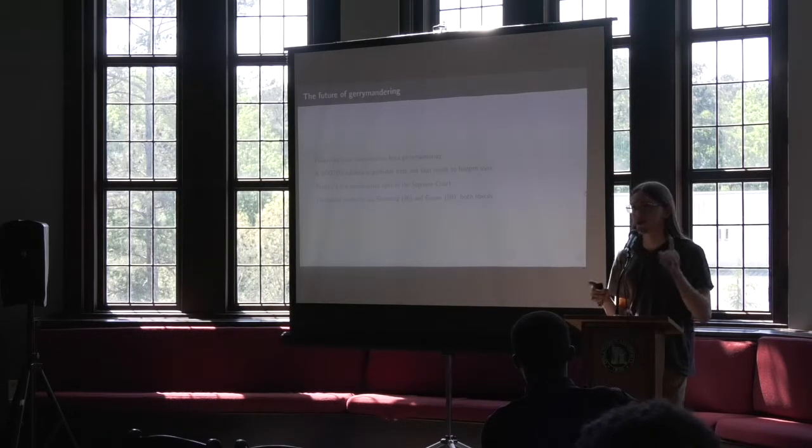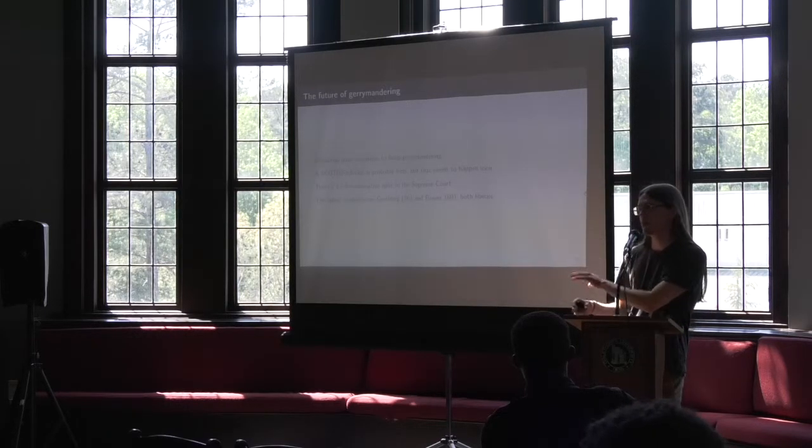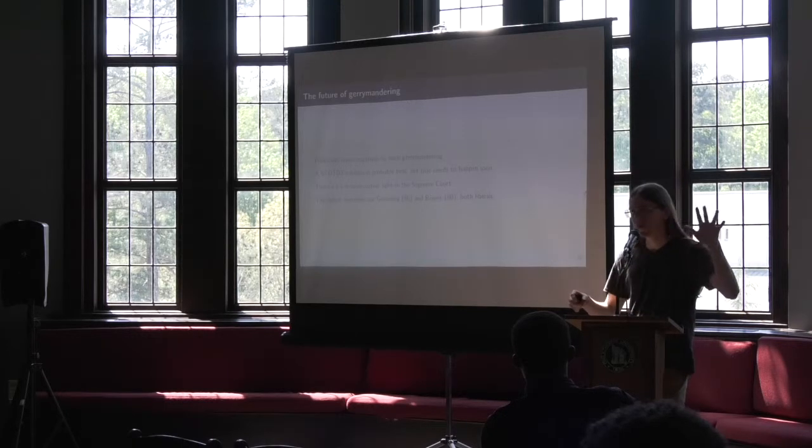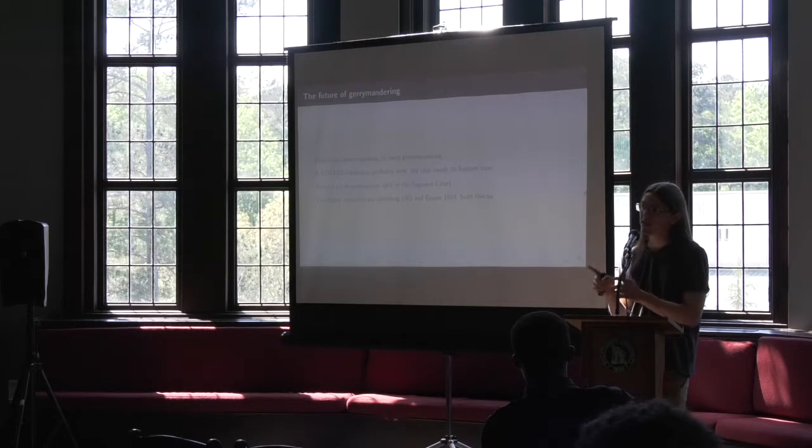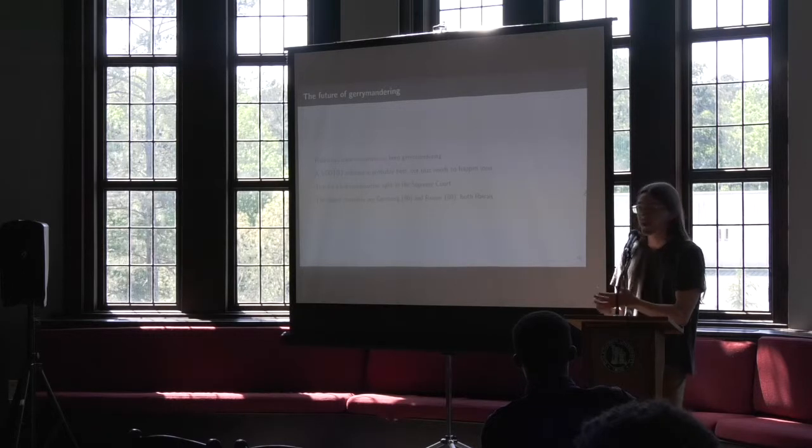But right now, there's a 5-4 conservative split on the Supreme Court. That means there are 5 conservative justices and 4 liberal justices. So to get a decision against gerrymandering right now, you need to flip one of the conservatives over to your side. We've been trying to do that for decades now. It hasn't worked yet. It might work eventually. It's not impossible, but it's been hard.